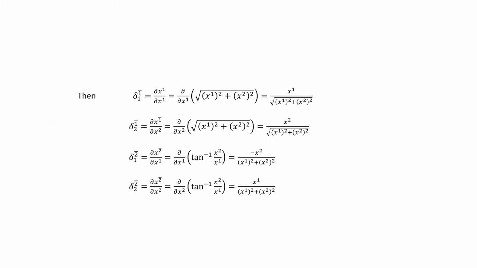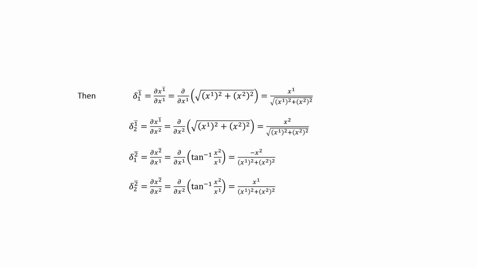Now we find every term. Delta 1 bar 1 is the derivative of x1 bar with respect to x1, and since we have x1 bar is equal to the square root of x1 square plus x2 square, actually if I revise these terms, x1 bar stands for r, and r in polar coordinates is equal to the square root of x square plus y square.